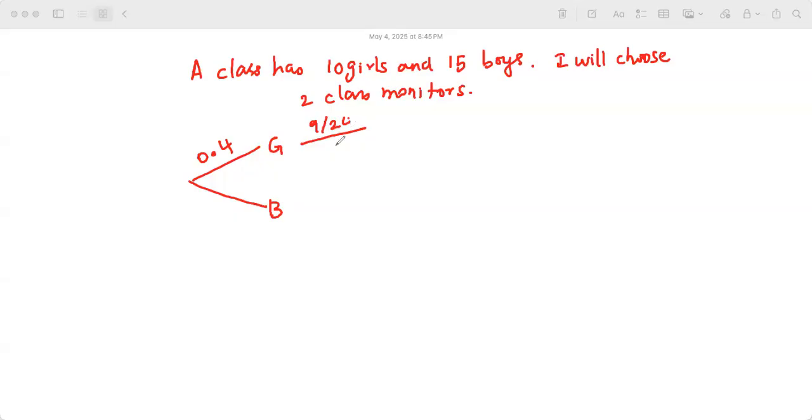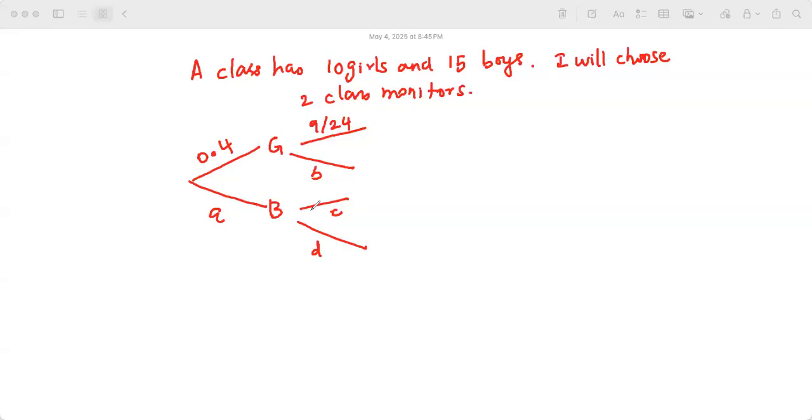Do you see why it is 9 by 24? What does it mean? What will come here? Can you tell me what is A? What is B? What is C? What is D? Not a difficult one. I just want the values of A, B, C, D now.